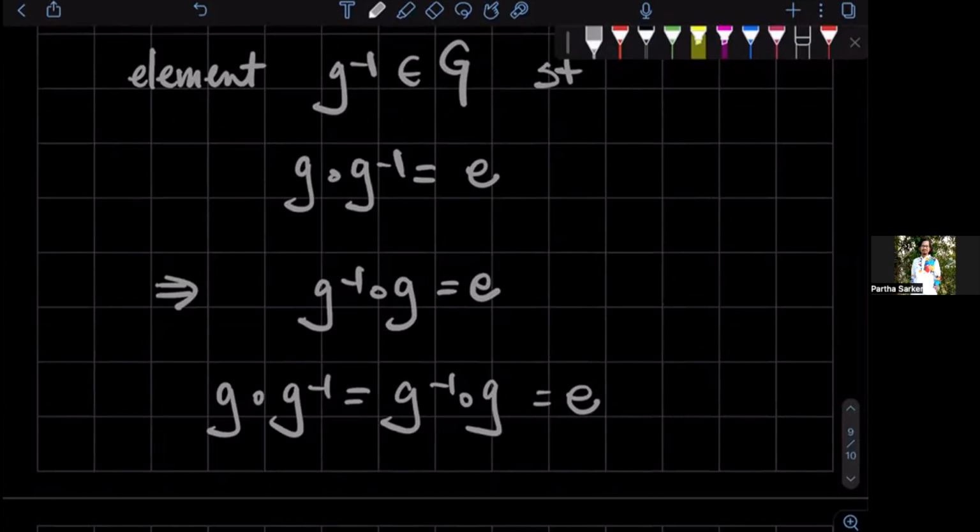Sir, do the right identity and left identity have to be the same because of associativity? You have to prove this. So this is one of the things I'm going to tell you. Well, they are not necessarily equal. They are equal, yes.